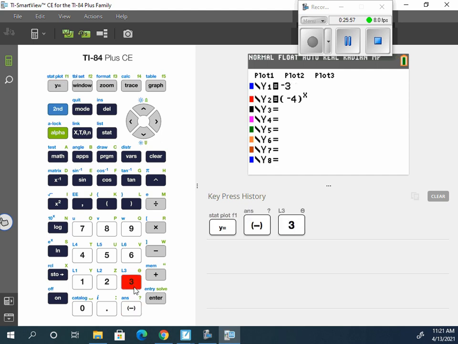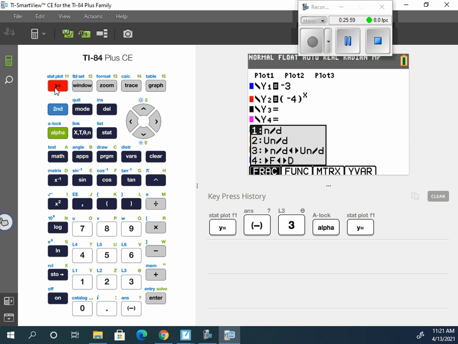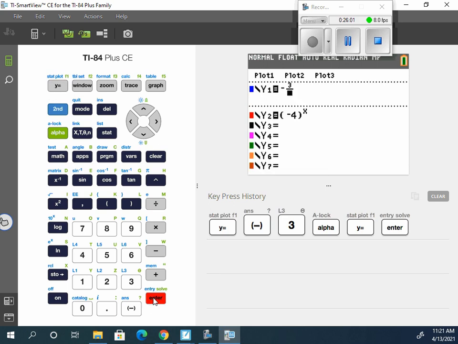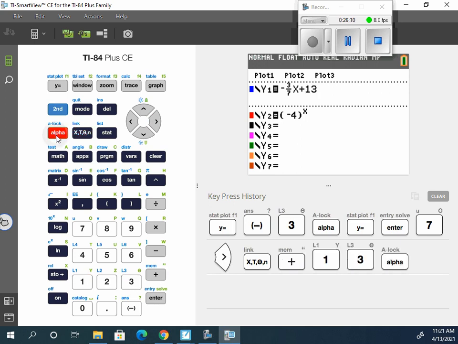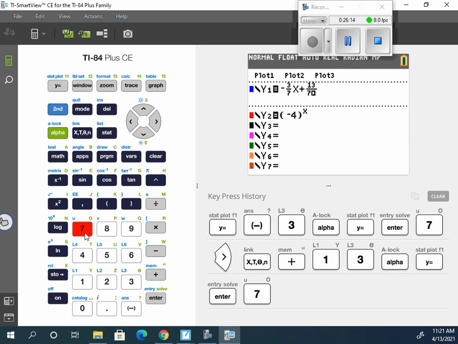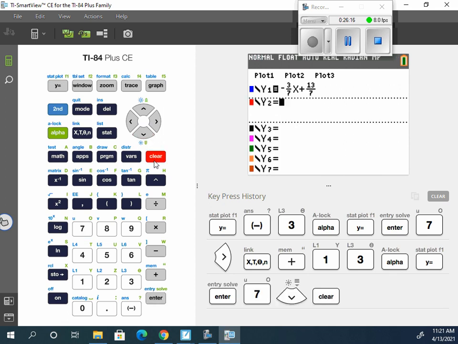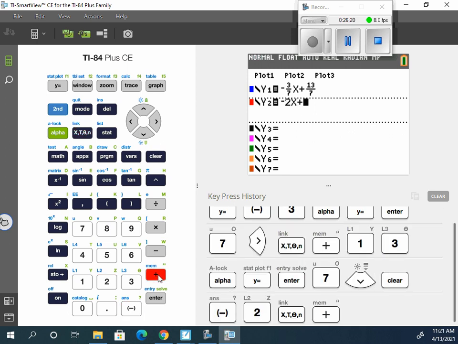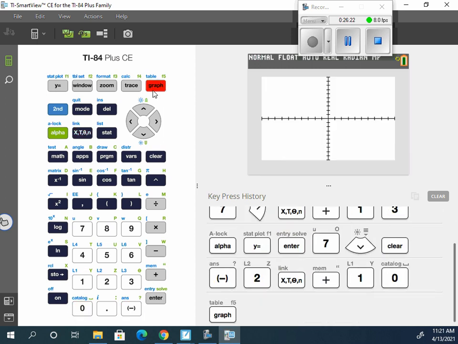Negative 3, y equals 2/7 x plus 13/7, and y equals negative 2x plus 10.